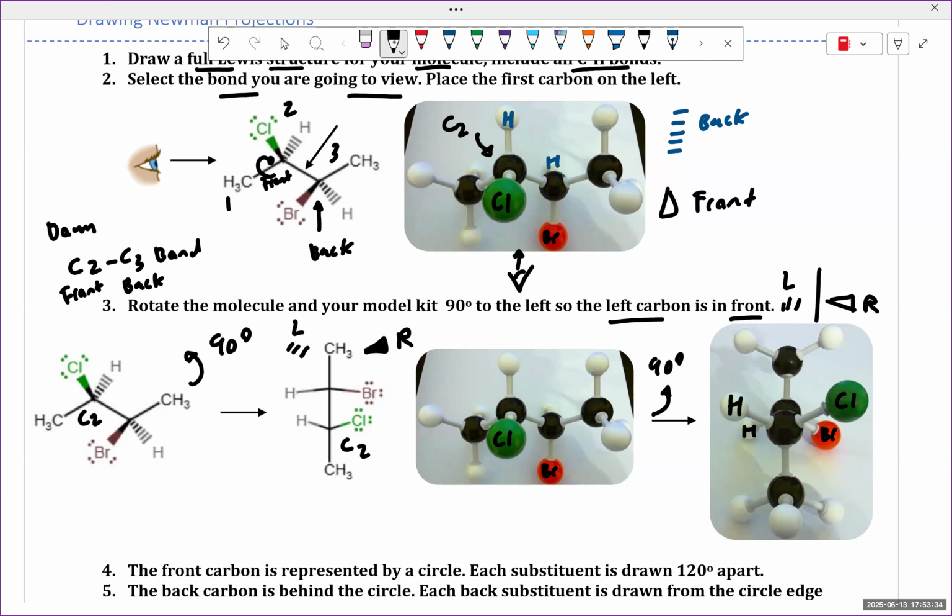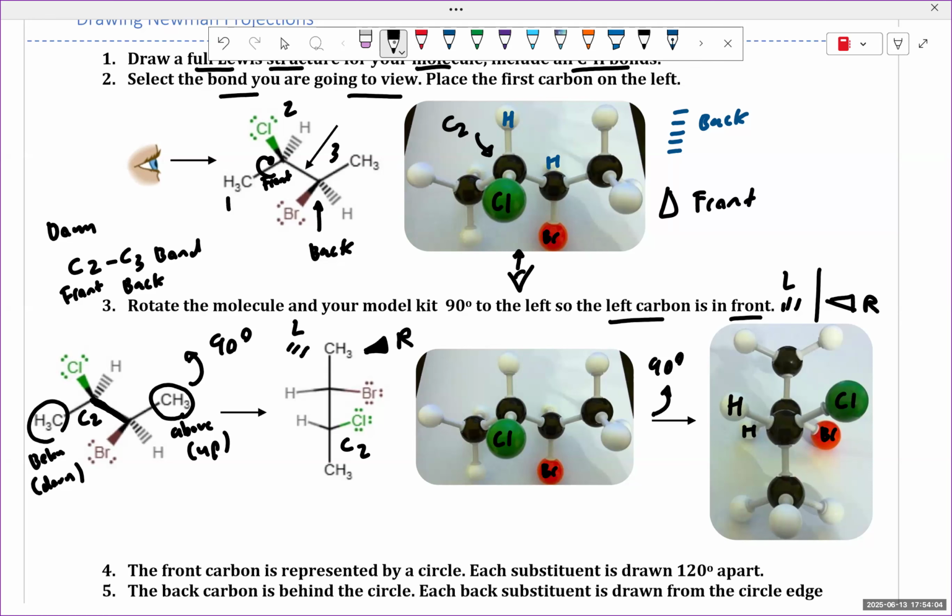Okay. The other thing that I'd like you to note is, if we take a look at our carbon-carbon bond here, this CH3 group is above this carbon-carbon bond. This CH3 group is below. We'll say above is up, below is down.